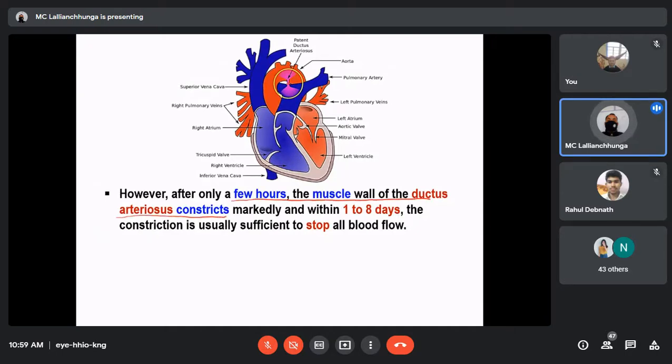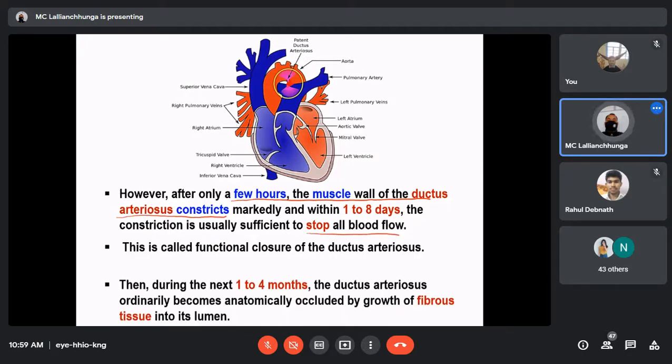So constriction will take place here, and it will stop blood flow.